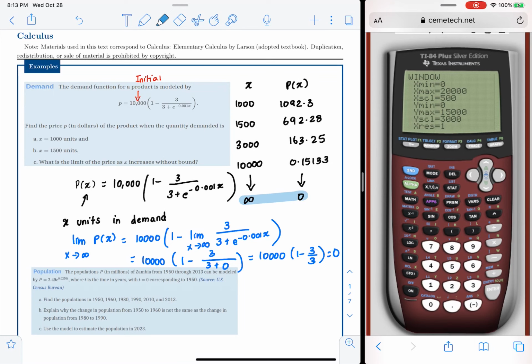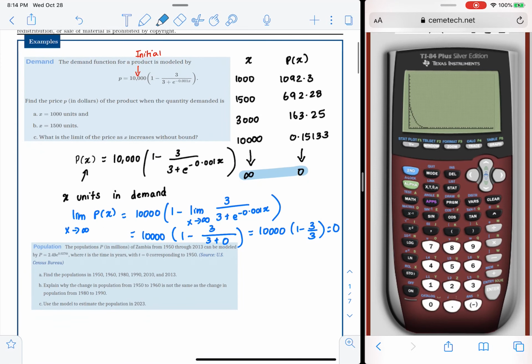Trying to get to an appropriate window. And you can see the curve, and it is approaching 0 rapidly as we change the value of x, which is the number of units demanded.